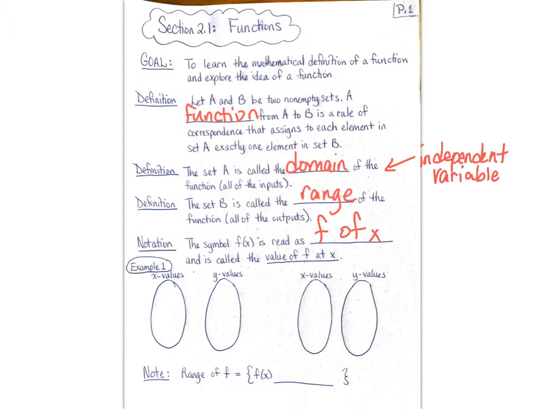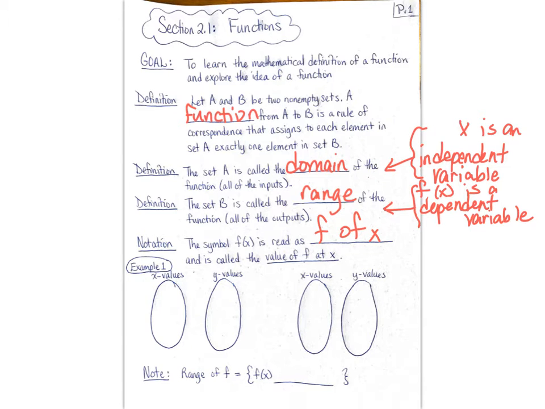And your output, because it depends on x, is called a dependent variable. So x is an independent variable, and f of x is a dependent variable.